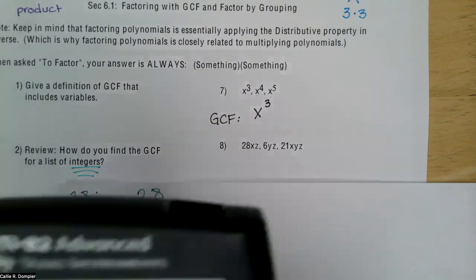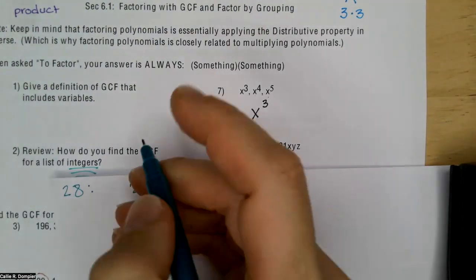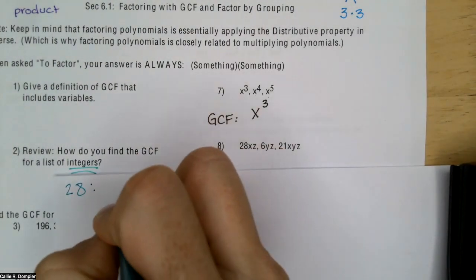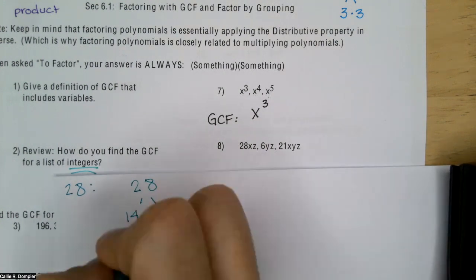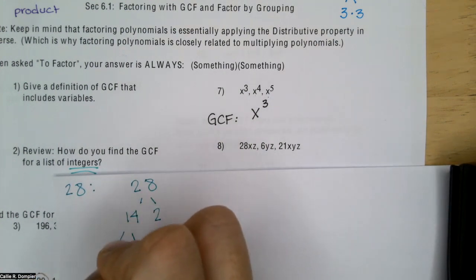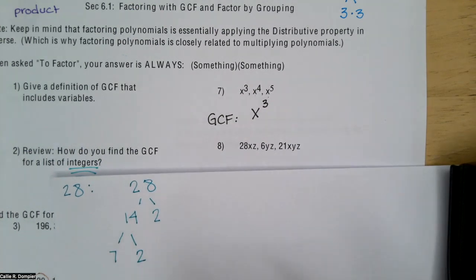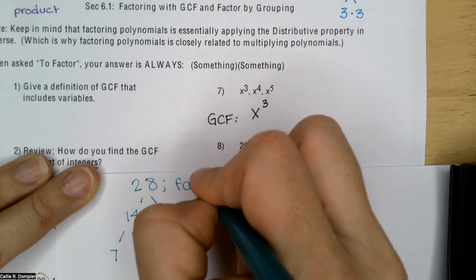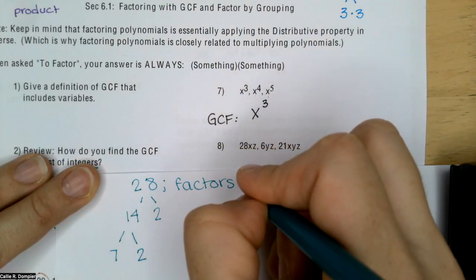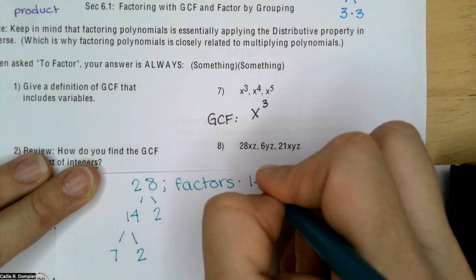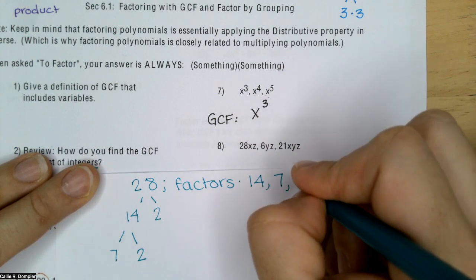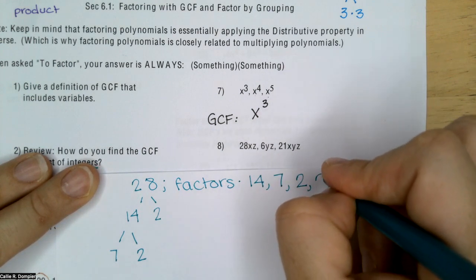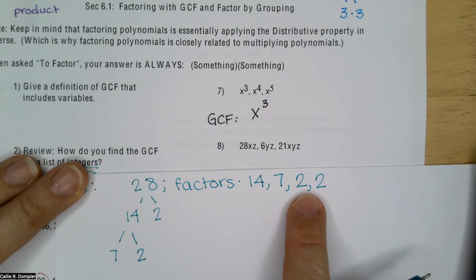divided by 2 is 14, right? So 28 becomes 2 and 14. 2 just remains 2. 14 is 7 and 2. 7 is prime. So the factors of 28 are 14, 7, 2, and 2. 2 times 2 becomes 4, right?